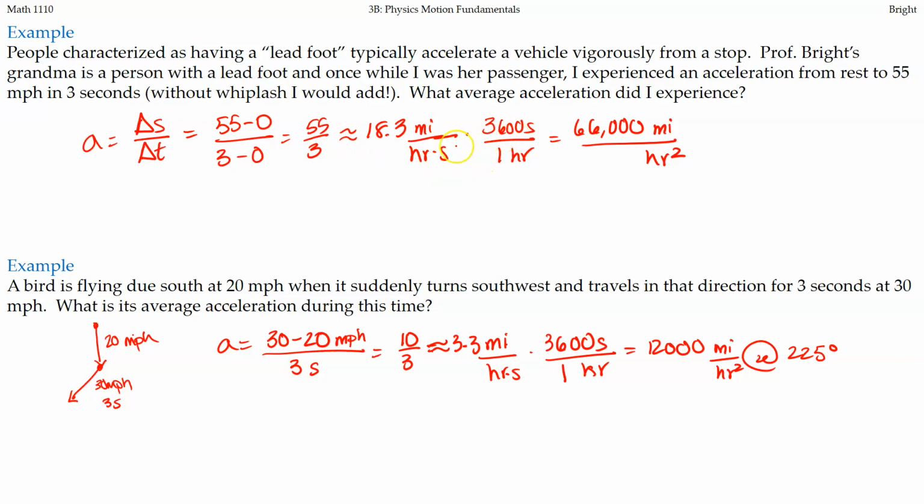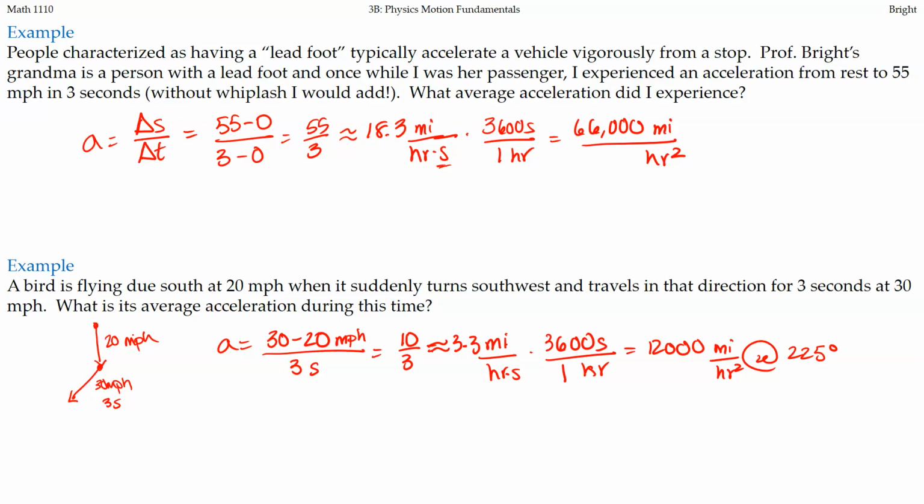So I ended up with miles per hour seconds, and that's mixed time units, which is really awkward. So I converted seconds into hours, and I got 66,000 miles per hour squared. And that would be the average acceleration I experienced.